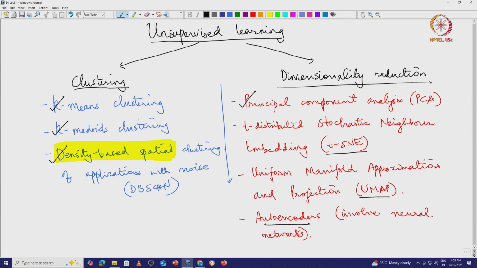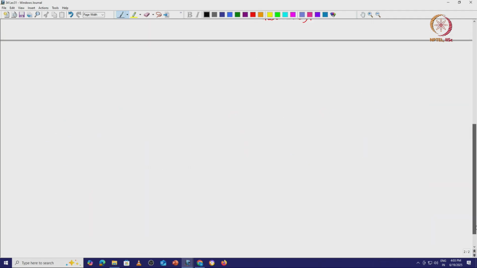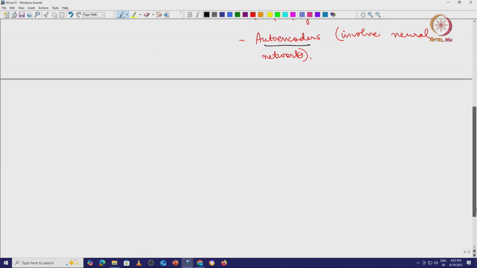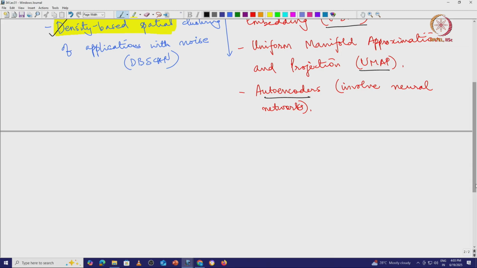So let us go ahead and get started into nonlinear dimensionality reduction, where we will discuss t-SNE. So the first algorithm for today is t-SNE. So it is t-distributed stochastic neighbor embedding.